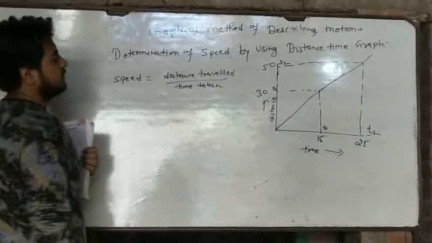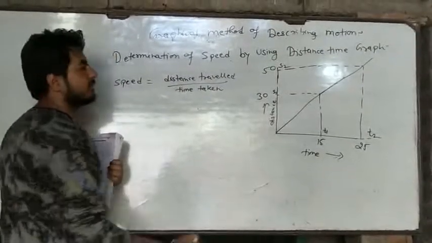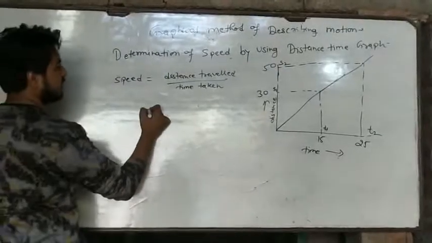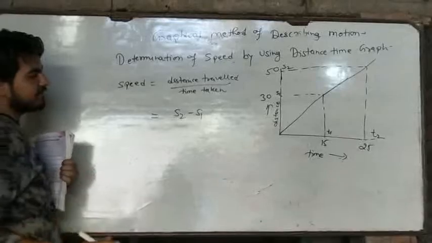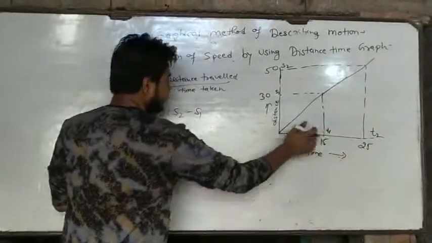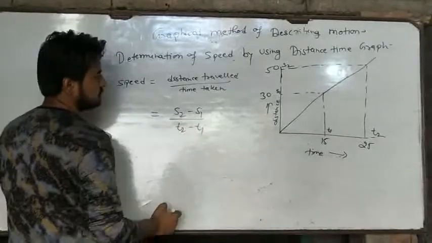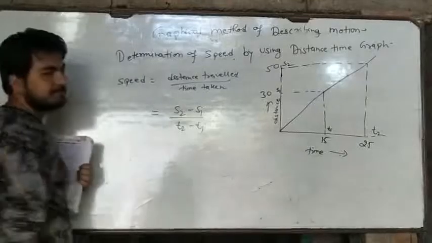How much distance traveled? S2 minus S1, and time taken is equal to T2 minus T1. This is our speed.